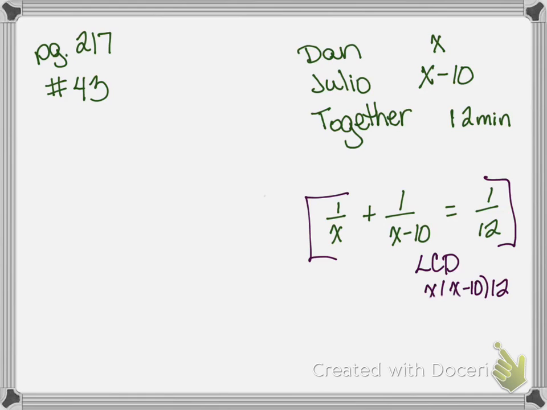Okay, I'm going to do my LCD parts again. So I am multiplying x times x minus 10 times 12. That's my LCD, and I am multiplying that times 1 over x.